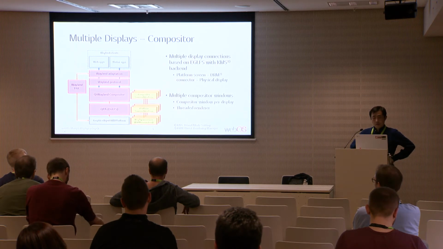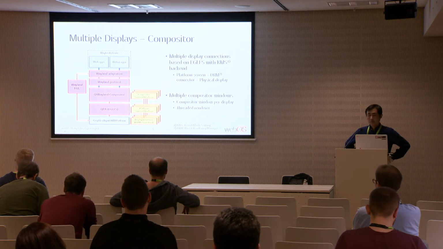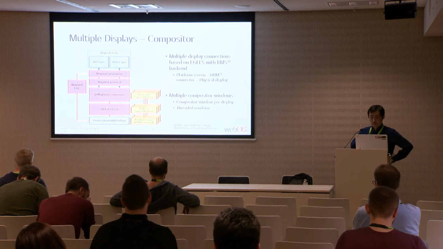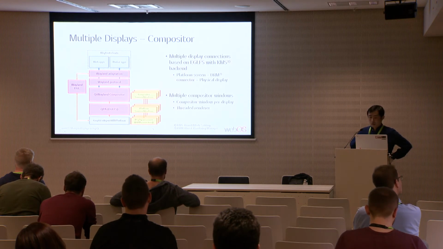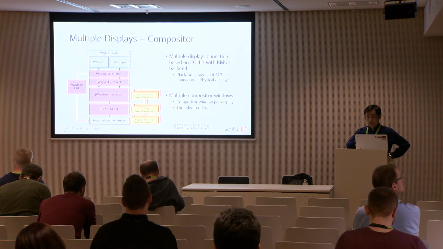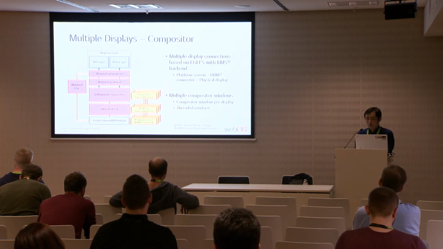If the hardware platform is capable of multiple displays, there will be multiple display connections available. For example, if the underlying graphics system is based on DRM, Direct Rendering Manager, those display connections are seen as DRM connectors. So from the compositor point of view, the compositor can see a DRM connector per display.